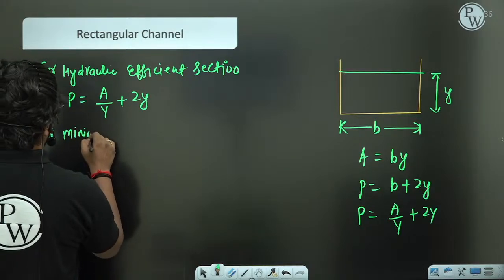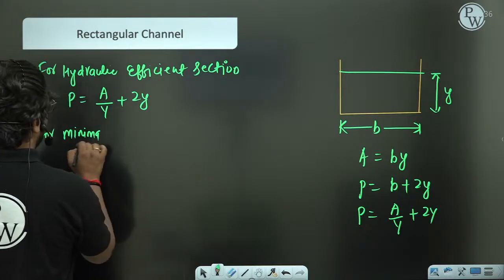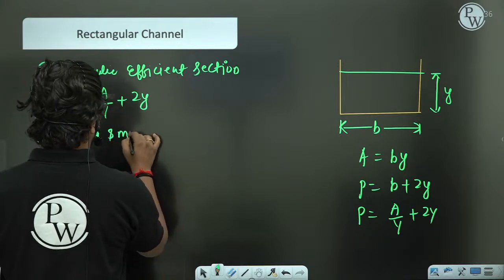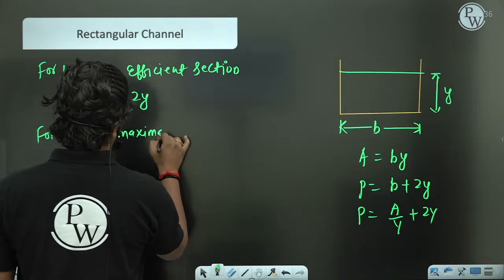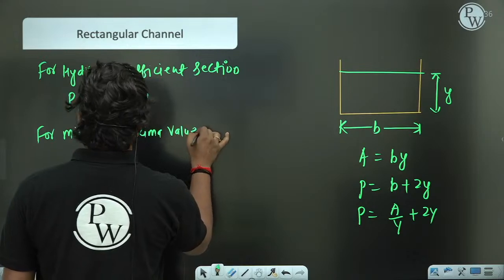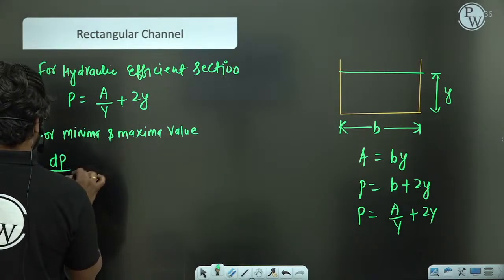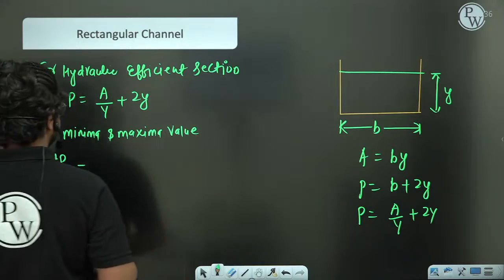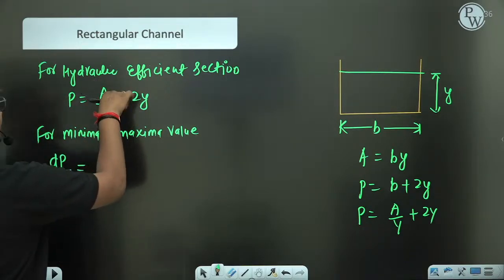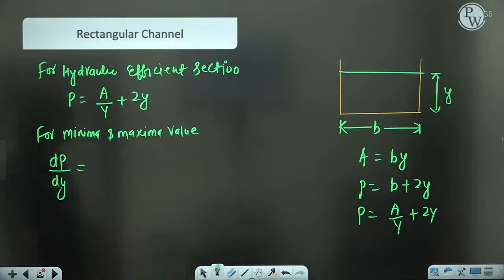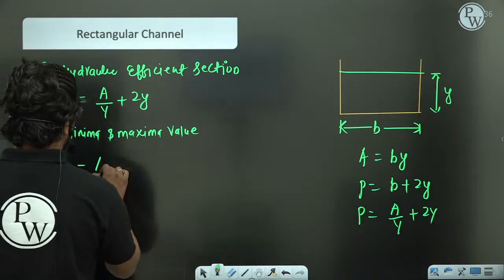For minima, dP upon dy is equal to, we are differentiating this P with respect to Y. A will be taken as constant, so A I am taking out.